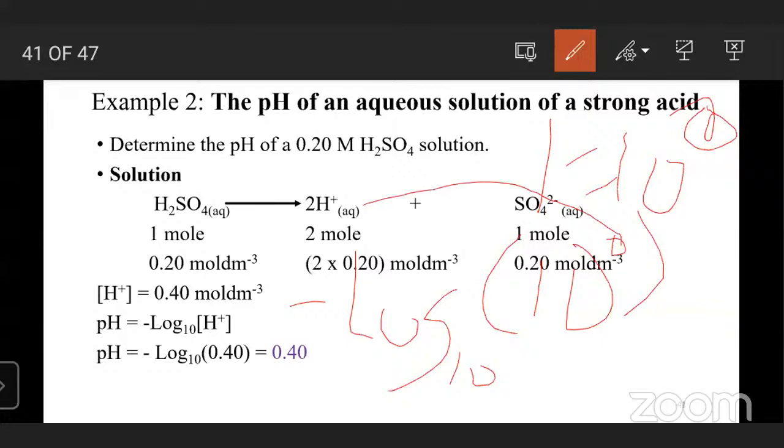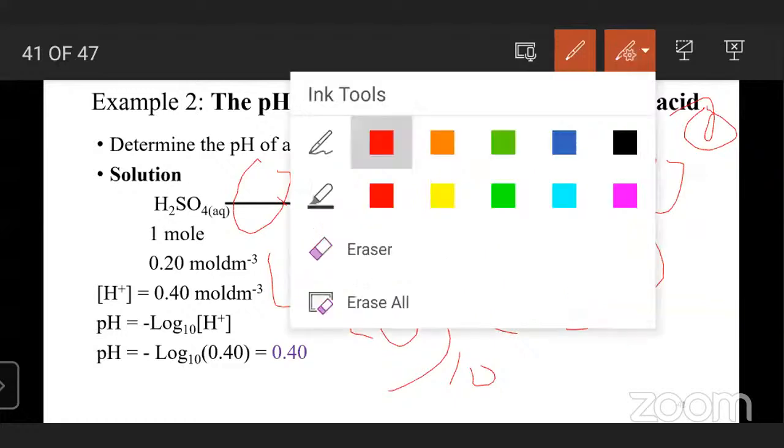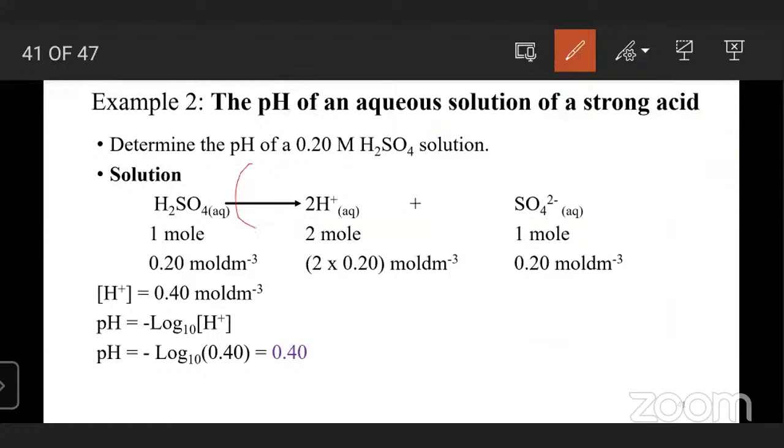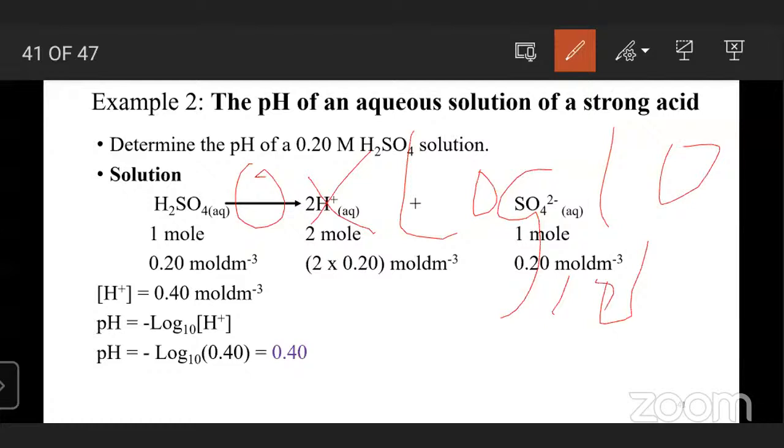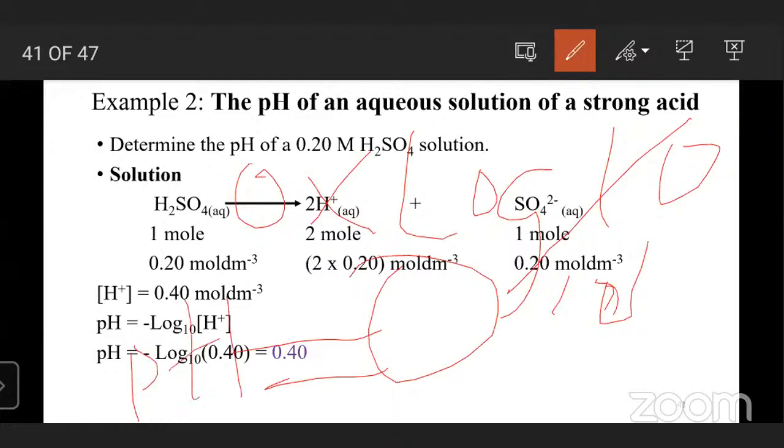If you take the 0 here, you have minus 0, which is still 0, times log 10 to base 10. Log 10 to base 10 is 1. Even if it is not 1, 0 times anything will automatically become 0. So your pH in this case is 0.